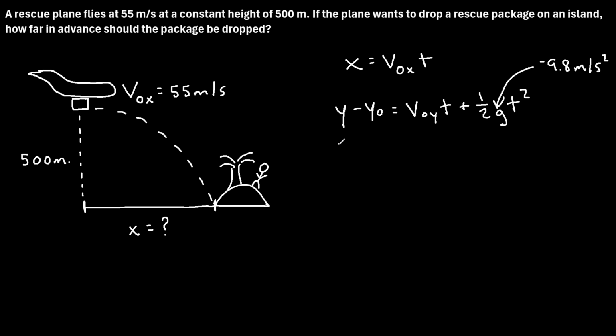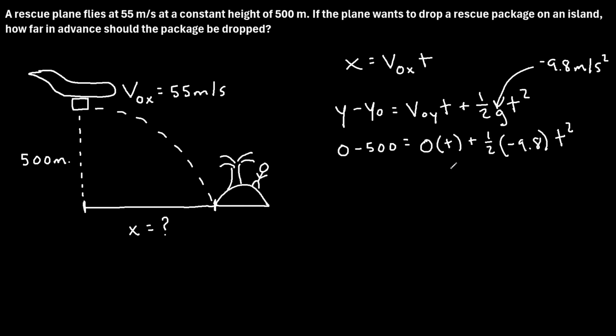We fill in 0, our final y position, minus 500, our initial y position, must be equal to, and this is really important, the initial velocity in the y direction is 0, because this package is just being dropped from the plane. There is no initial velocity in the y direction. So this is 0 times t, and then plus 1/2 times gravity, negative 9.8, times t squared.